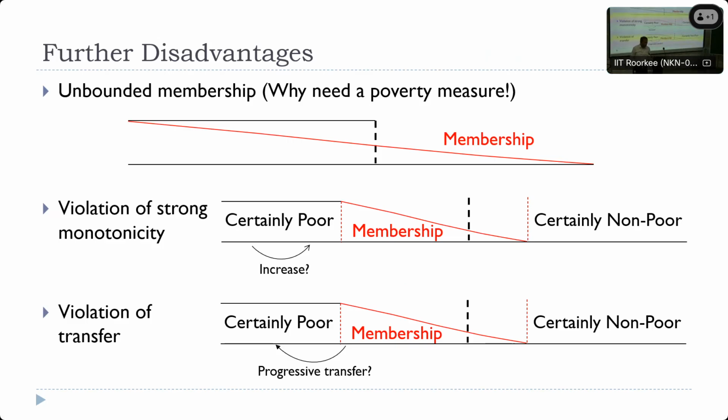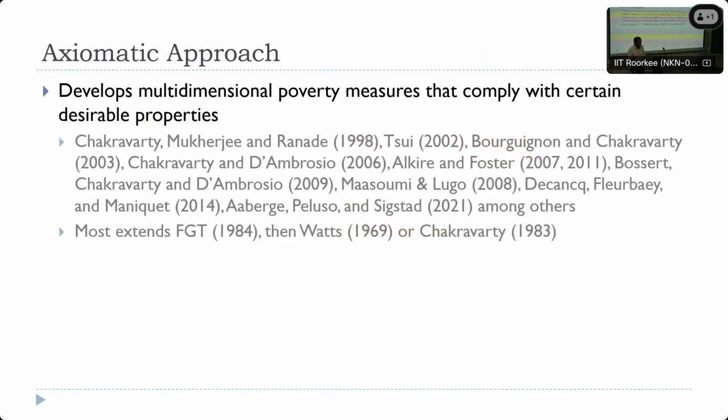So, the last one is the violation of transfer. Now, finally, we reach the axiomatic approaches. The main idea is that there are two different types of approaches, but in both cases, people take into account what properties are satisfied and what properties are not satisfied.